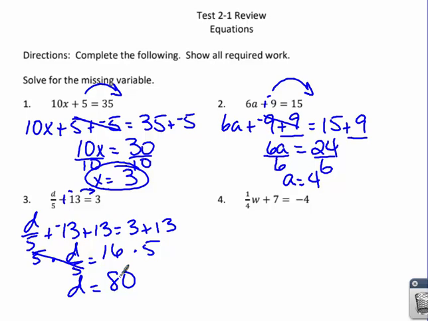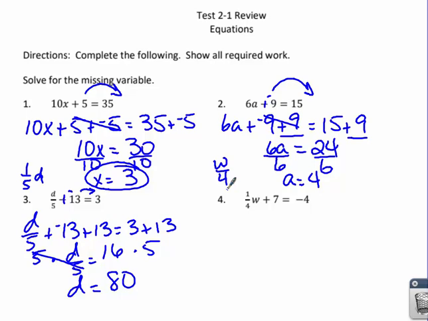Well, if we were to look at d over 5 over here on number 3, another way of writing d over 5 is 1/5 d, and that means the same exact thing. So if 1/5 d and d over 5 are the same, 1/4 w is the same thing as w over 4. Okay? So you can actually use w over 4 as opposed to 1/4 w.